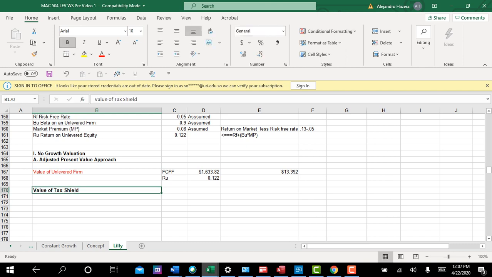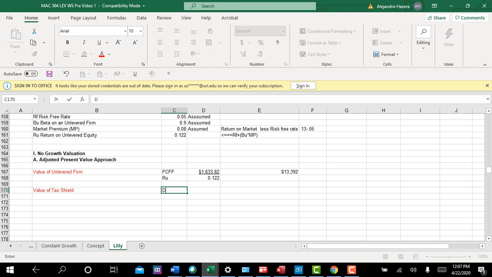And the value of the tax shield, the value of this cash flow, keep in mind that it's cash flow, all we're going to do is take Lilly's level of debt and multiply that times the tax rate. That'll be TR.